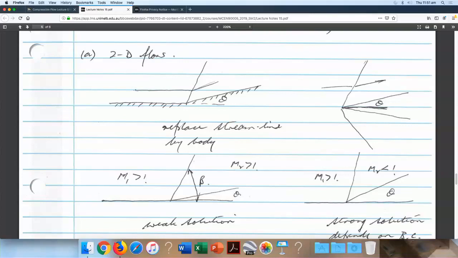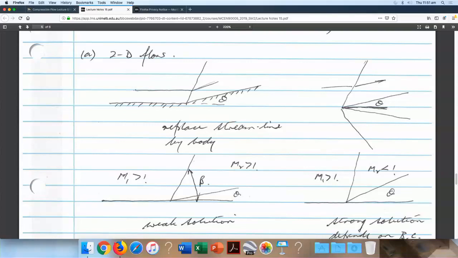And here M2 is greater than 1, and here we've turned the flow through an angle theta. Here is another case where we had an even larger theta, and we had the strong solution, which depends on the boundary conditions, and now the Mach number is less than 1, and all hell breaks loose in here. Very difficult to actually solve the equations, because everything feels everything else.